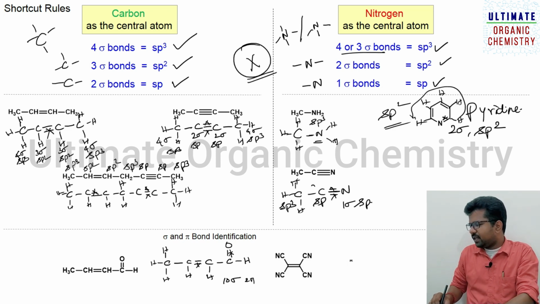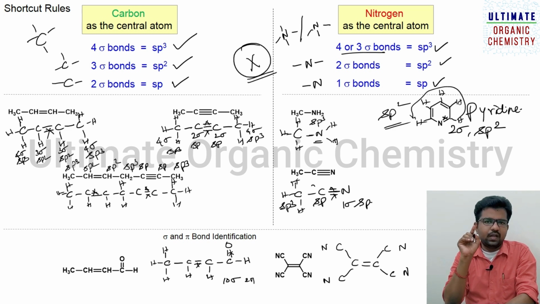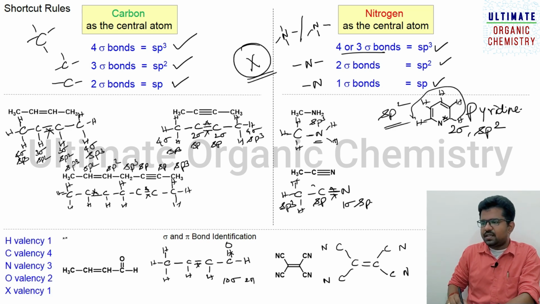You just expand this molecule: carbon double bond carbon, nitrogen, carbon, nitrogen, carbon, nitrogen. So now you will ask a question: what bond should be given between carbon and nitrogen? For that you need to know only one thing, that is valency. Hydrogen valency is only 1, carbon valency is 4, nitrogen valency is 3, oxygen valency is 2, and halogen mostly only 1.